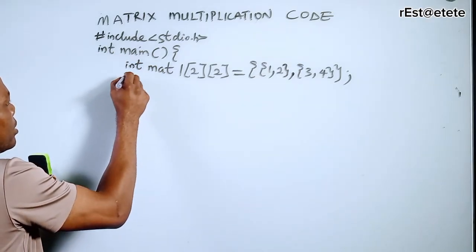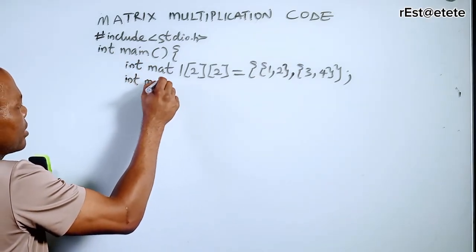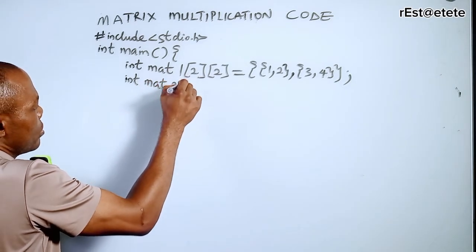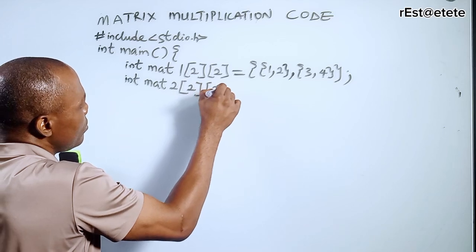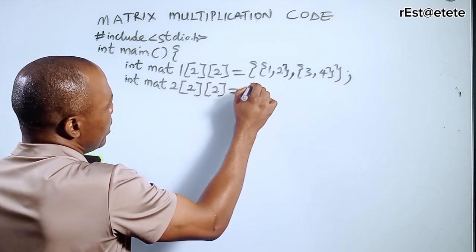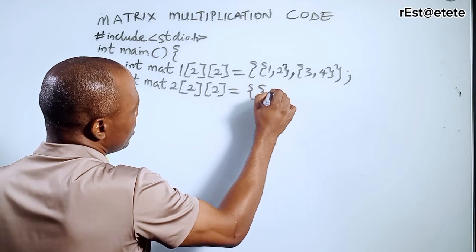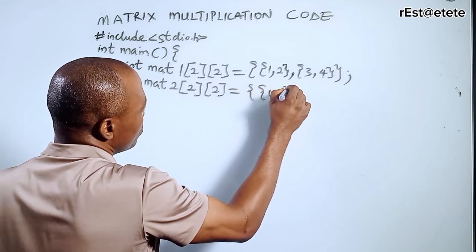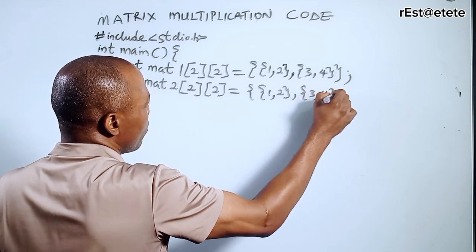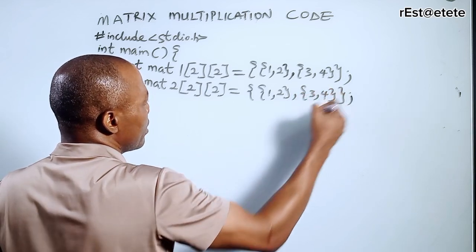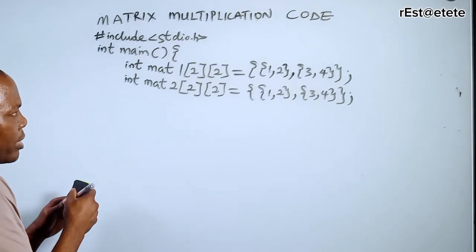Then the second array, mat2. This one also 2 by 2. Then it's the same thing: 1, 2, comma, 3, 4. So this is our second array.